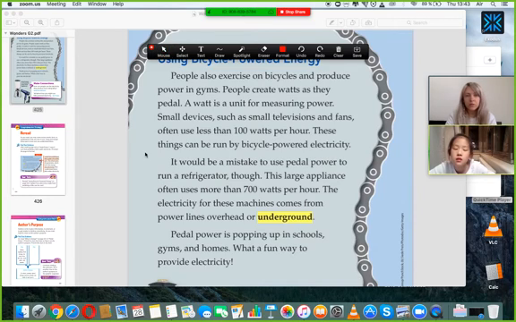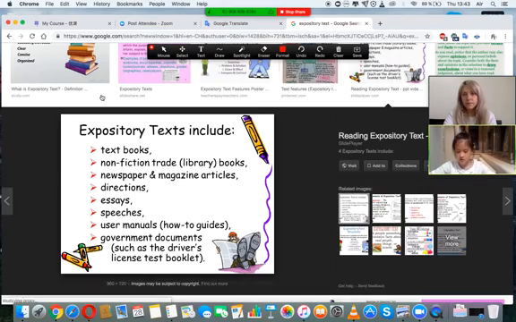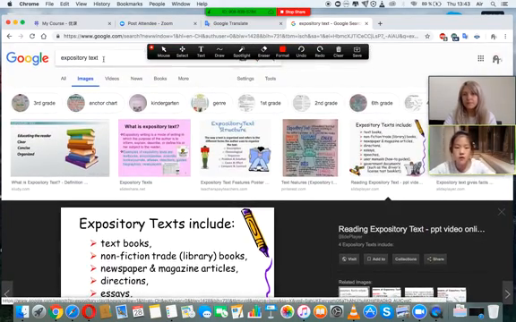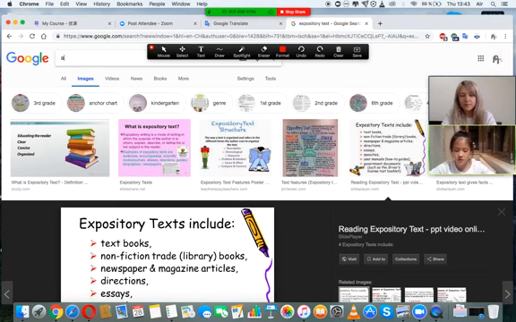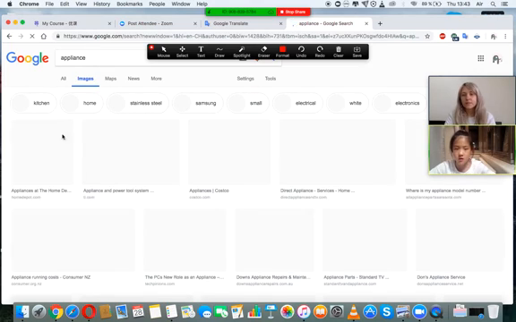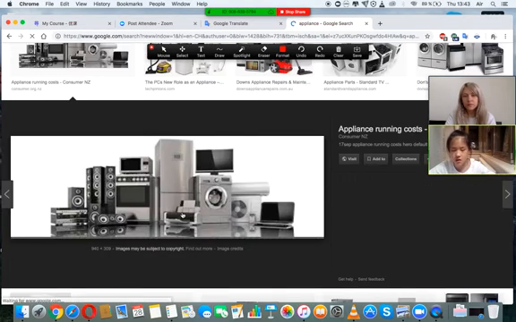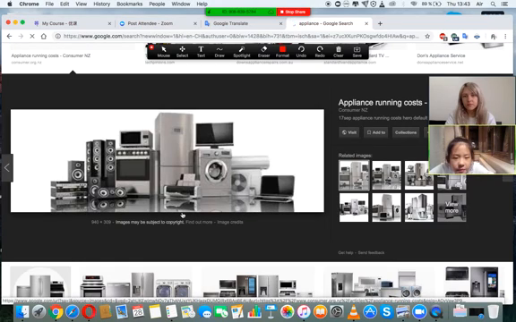Alright, let's see in Google what we can see for the word appliance. So try to describe to me what you can see in this photo. I can see many machines. Or many appliances.